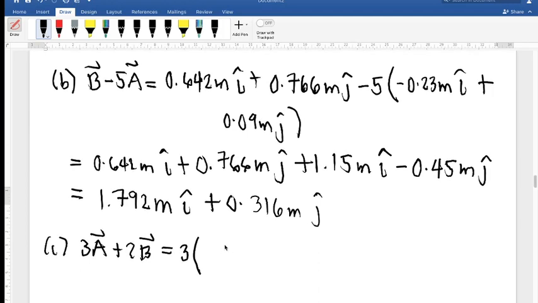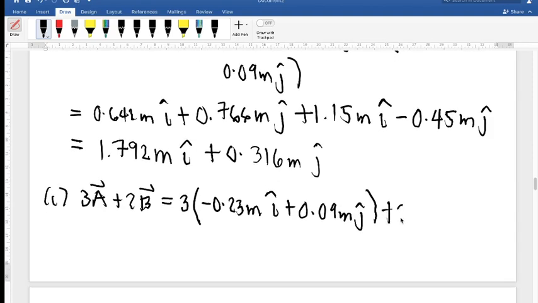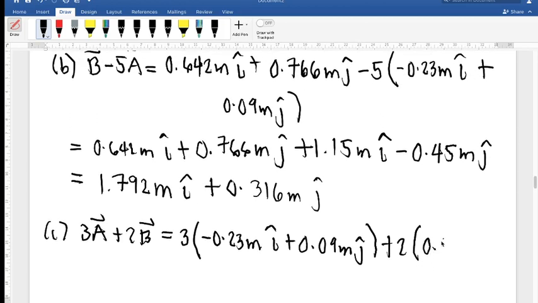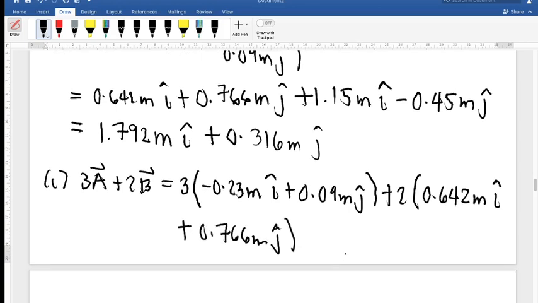So we have negative 0.23 meter i hat plus 0.09 meter j hat. Then plus again 2 times the vector b, which is equal to 0.642 meter i hat plus 0.766 meter j hat.